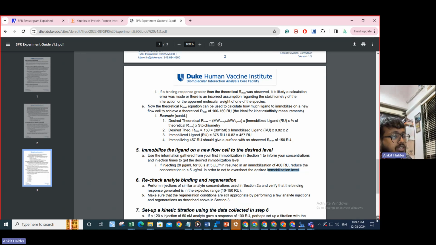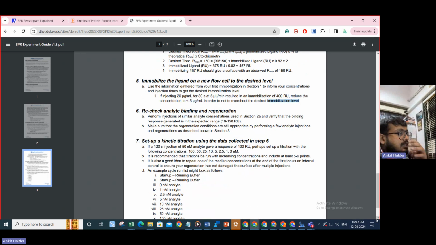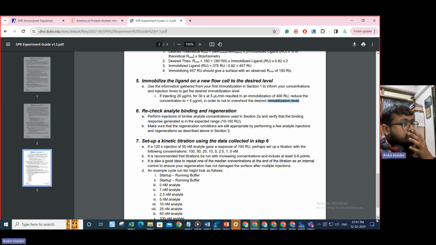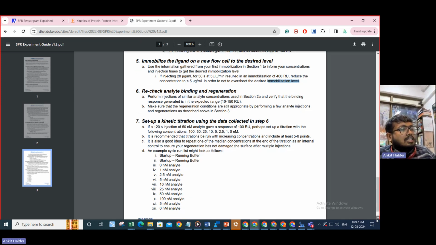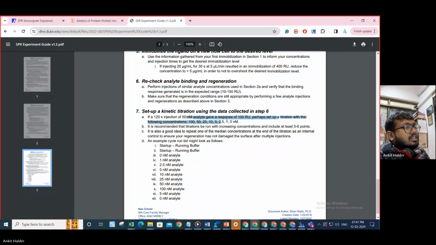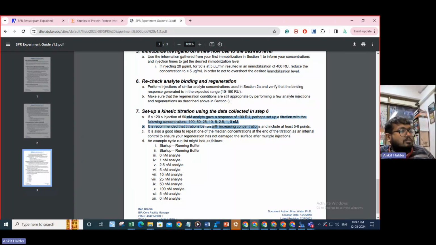So now what we are doing is rechecking the analyte binding and the regeneration. Perform injections of similar analyte concentrations, verify that the binding response is in the expected range, and set up a kinetic titration. So if 120 second injection, 100, set up a titration 150, 25, 10 nanomolar.